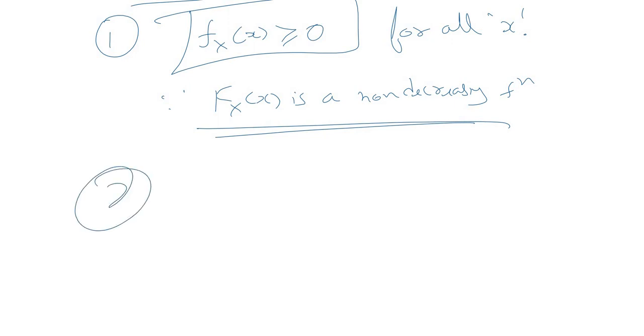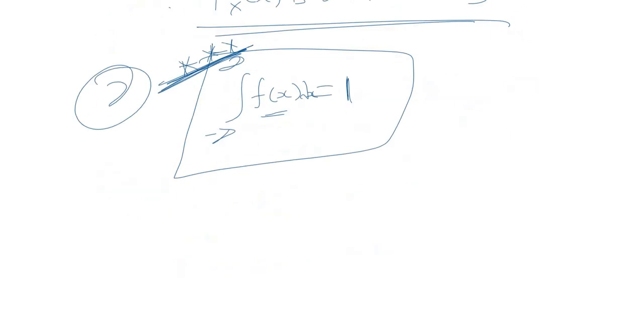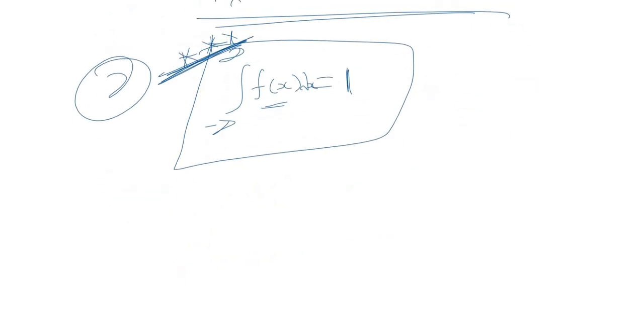Second one is the area under the PDF curve is unity. If we integrate the PDF over the range minus infinity to infinity, the area under the PDF curve is always unity. Very, very important expression. And the proof of this is also very simple.